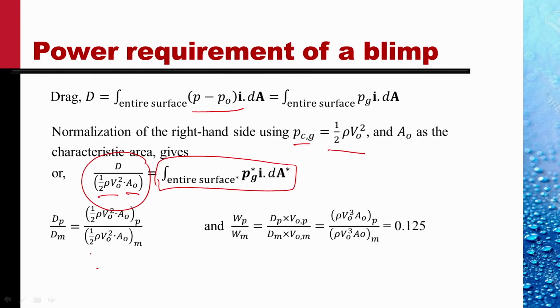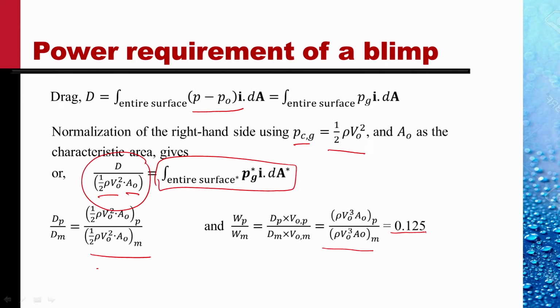And using this expression, we get that the ratio of the power requirement for the prototype divided by the power requirement for the model is 0.125. So the prototype uses only 1/8 of the power used by the model. The model would use 8 times the power of the prototype.